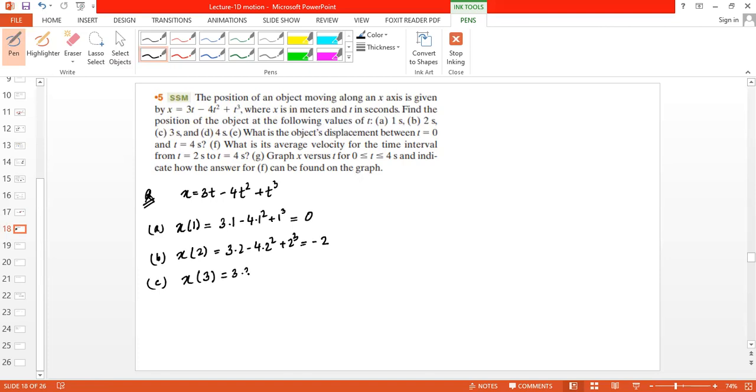That should be 3 into 3 minus 4 into 3 square plus 3 cube. So 9 minus 36 plus 27, which is 0 again, right? Is it okay? Yes. Am I right?